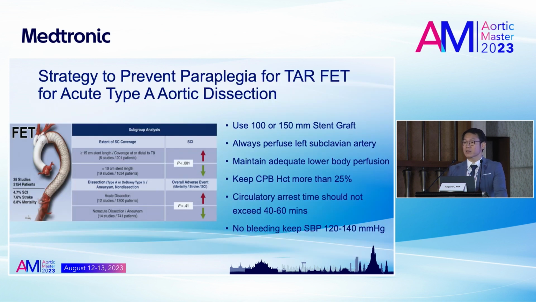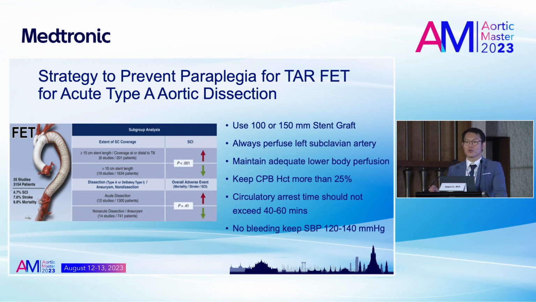And the other strategy to prevent paraplegia in the total fluorescent elephant trunk technique: I suggest using only a 100 or 115 millimeter stent graft. And always keep in mind to perfuse the left subclavian, because it is a major collateral to your spinal cord. And maintain the lower body perfusion.